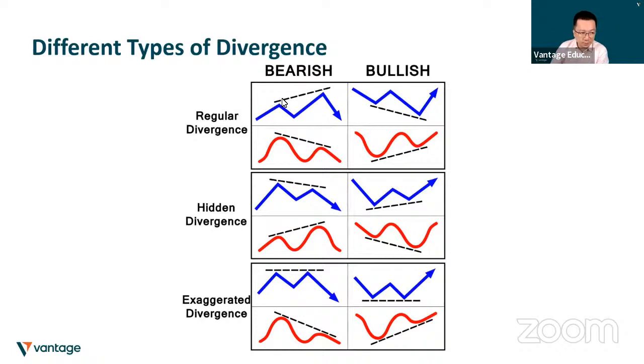Price moving higher leads to a bearish setup, or price moving lower leads to a bullish setup for that big bounce towards the upside. In this case, it's the MACD or the RSI, the indicators, moving towards that bearish expectation. You can see the indicator forming a lower high, or forming a higher high to push price towards the upside. So regular divergence is when you see the result actually following the indicator.